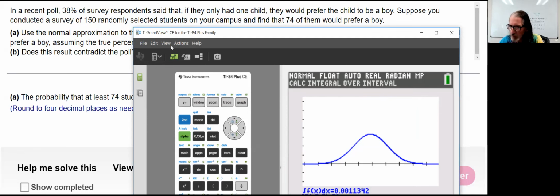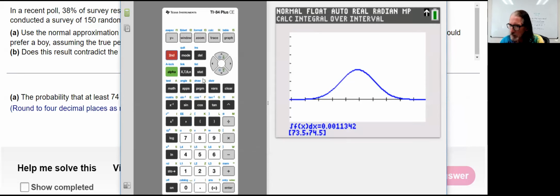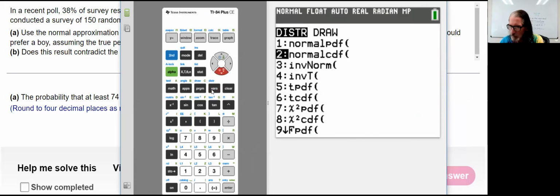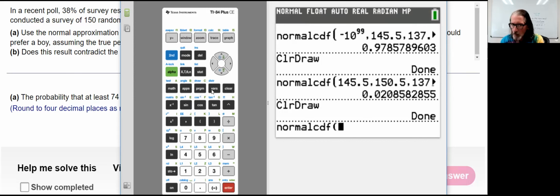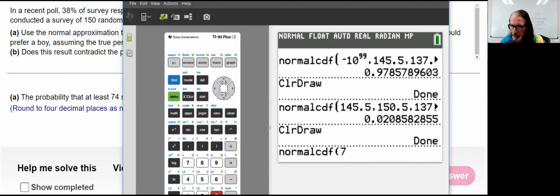Let's check with normal CDF. Going with in between 73.5 and 74.5.